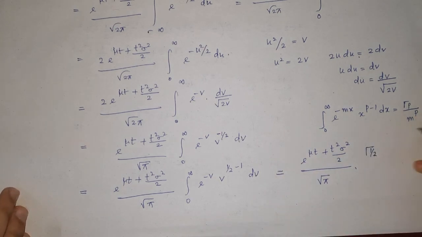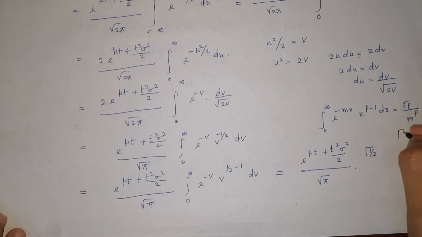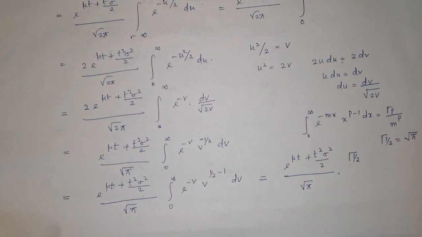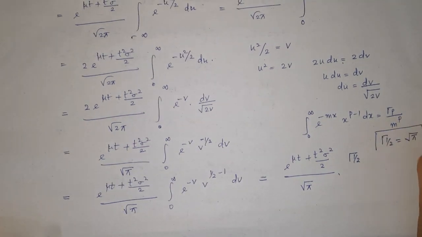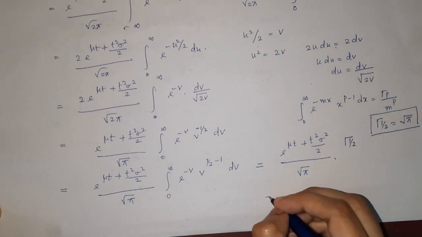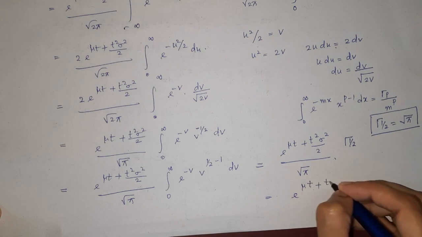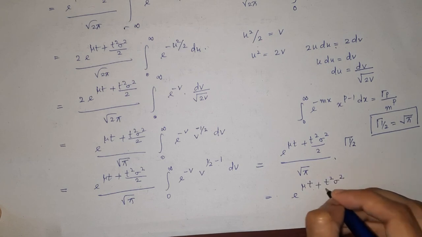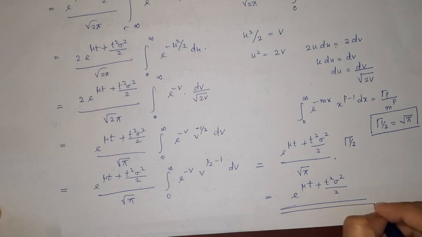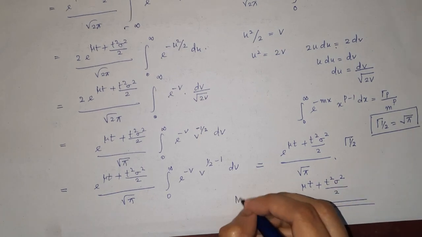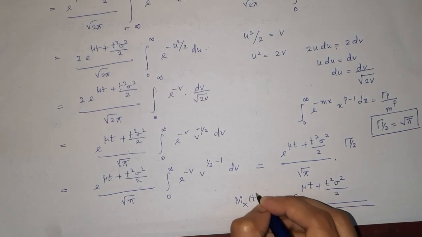We have already told in the previous videos that gamma 1 by 2 is equal to root pi, and this is a result. Therefore, we will get this as e raised to mu t plus t square sigma square divided by 2. So this is the moment generating function of the normal distribution.